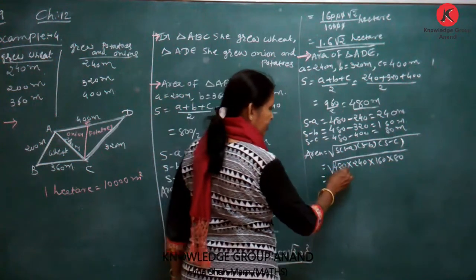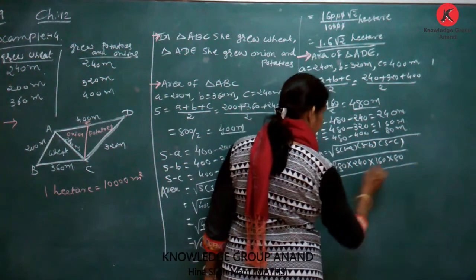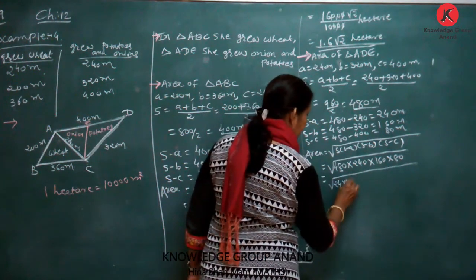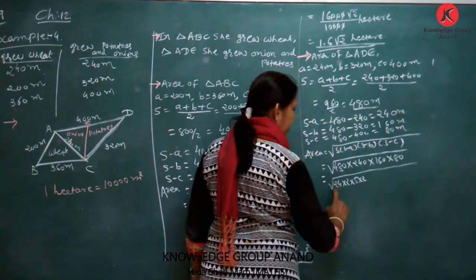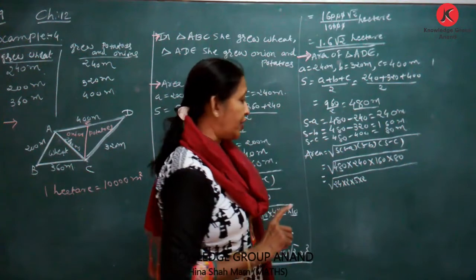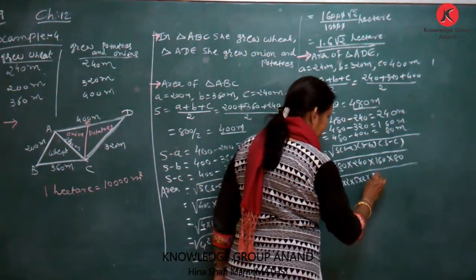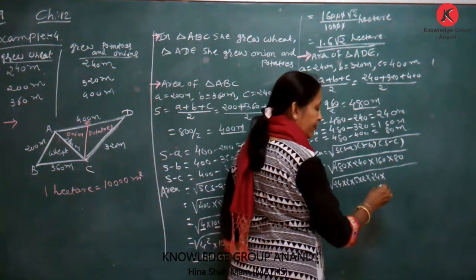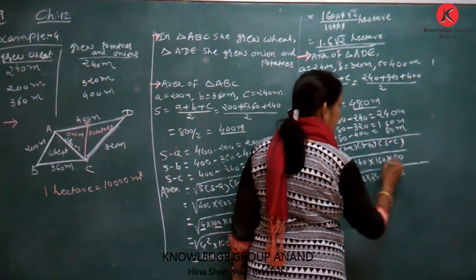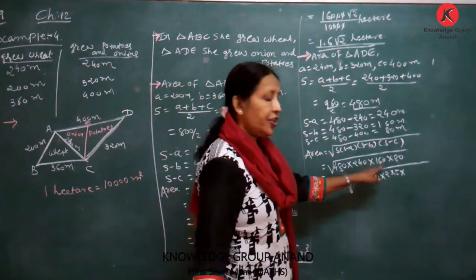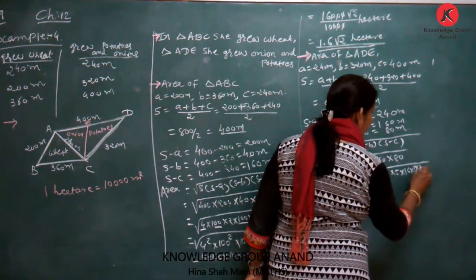Factor of 480: 24 2s are 48 and then 5 2s are 10. Now it is a factor of 480. Now factor of 240: 24 10s are 240. Factor of 160: 16 into 10, 16 10s are 160, therefore 16 into 5 into 2.